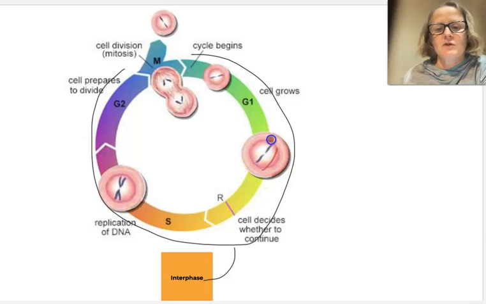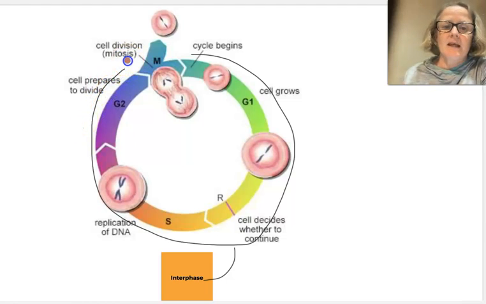You'll see that the chromosome here is made up just of one strand, and now it's made up of two strands, joined together by a centromere. If that is successful, the cell will then grow its organelles, and there will be a checkpoint here, making sure it's got enough organelles to split into two new cells, and then it will go through mitosis. So that is the cell cycle.